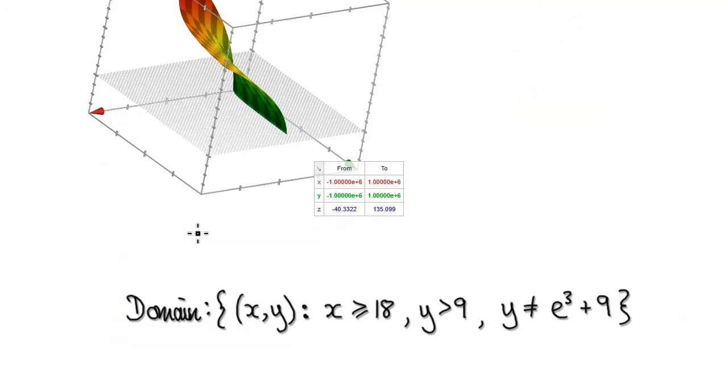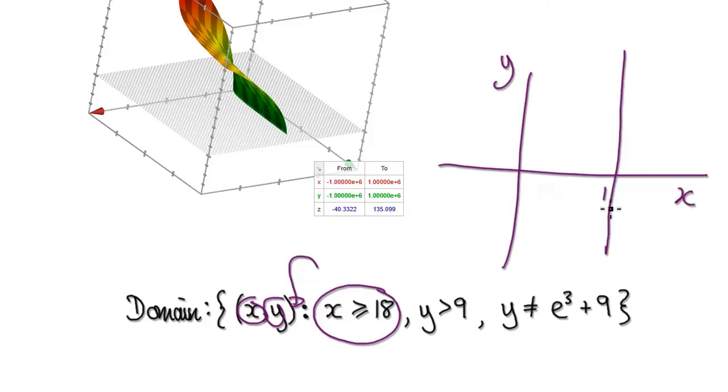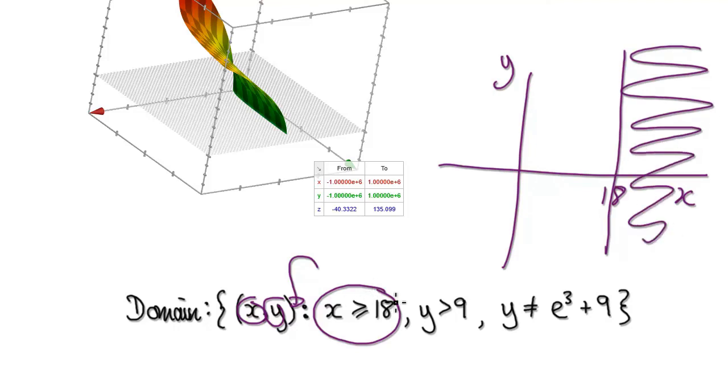We need x and y such that x is bigger than 18. So our domain here, x, y, x is bigger than 18, meaning this is 18 here. So we are talking about this region here where x is bigger than 18. We need to make the demand that y is strictly greater than 9.